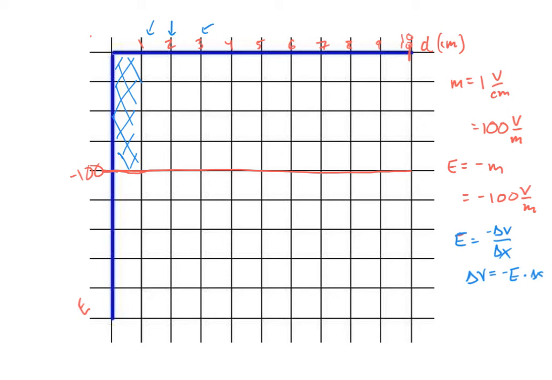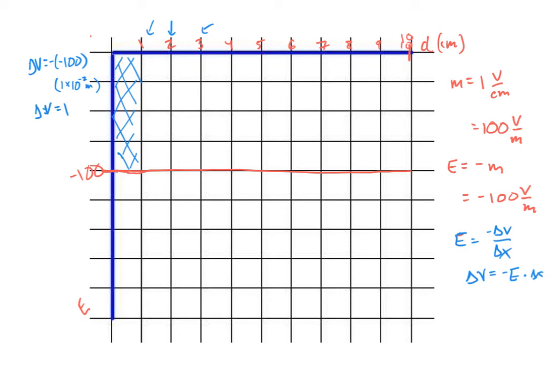So let's go ahead and test that. Delta V is going to equal the negative of my electric field, so negative negative 100, times my distance, which is 1 centimeter, or 1 times 10 to the negative 2 meters, which gives me a voltage of 1 volt. As you remember from our first graph, that is in fact our voltage at 1 centimeter.